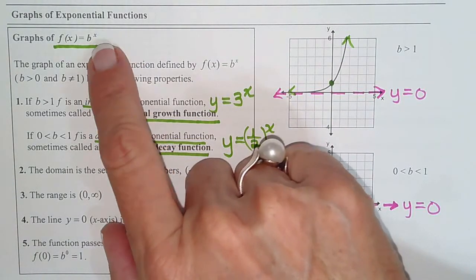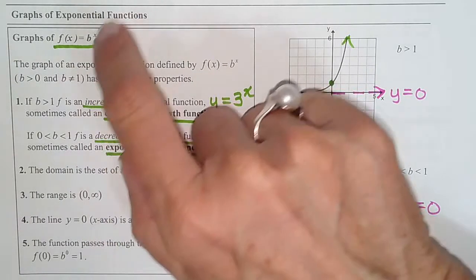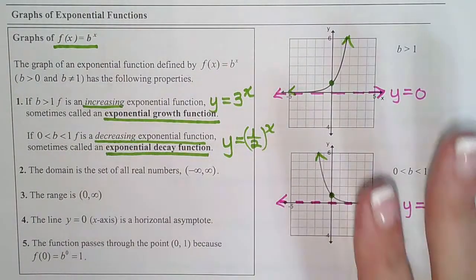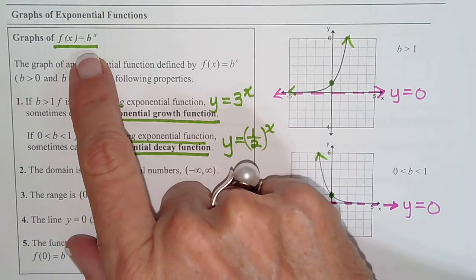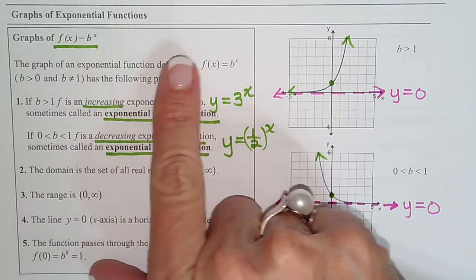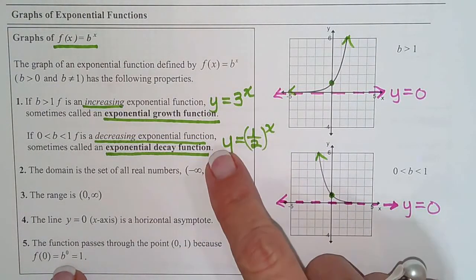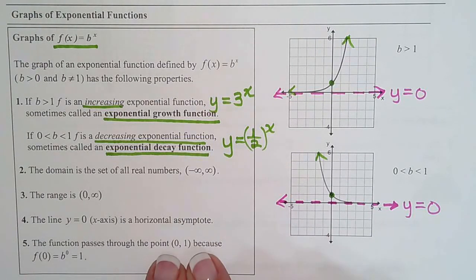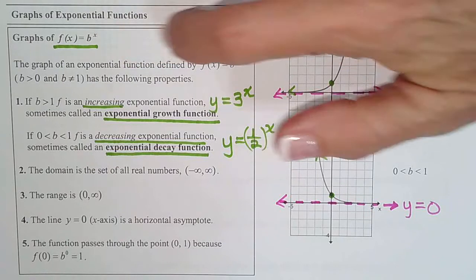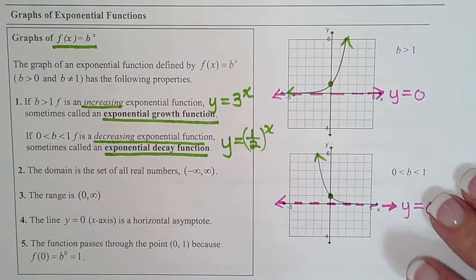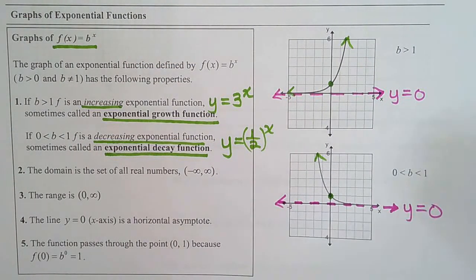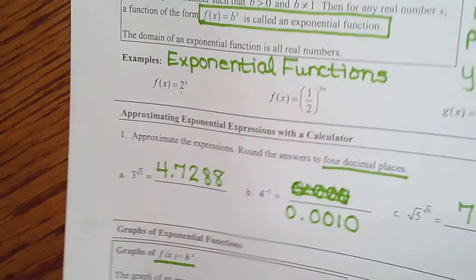If we add or subtract numbers at the back or put numbers up there with the x, that changes. But this is called the mother function, without any shifts left, right, up, or down, and it will always have the point (0, 1) if there aren't any shifts. So anything to the 0th is 1. That's why the point (0, 1) will always be on the graph, as long as there's nothing added or subtracted at the back. So let's put this into play.